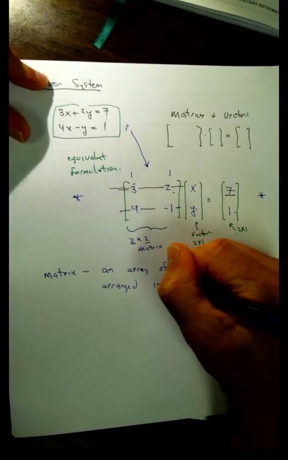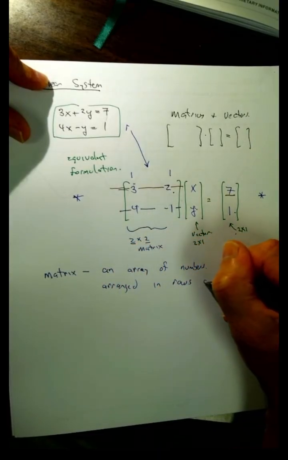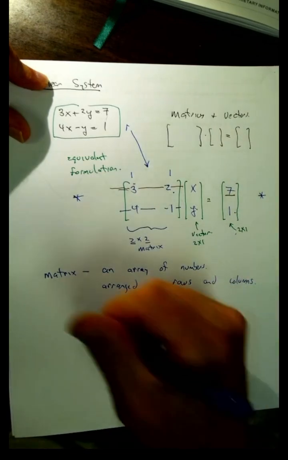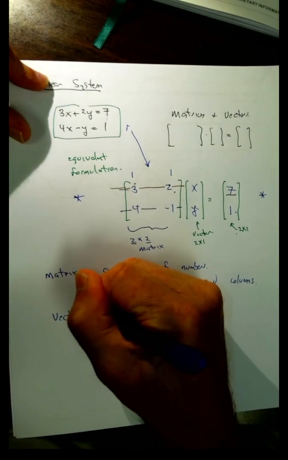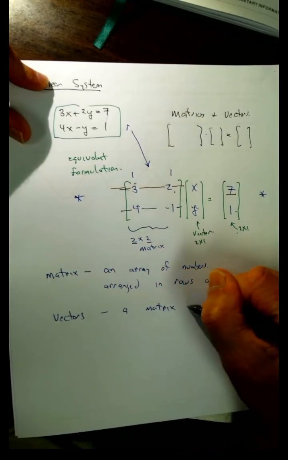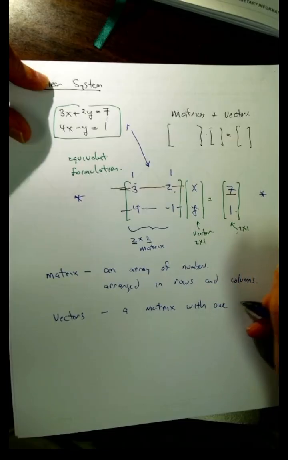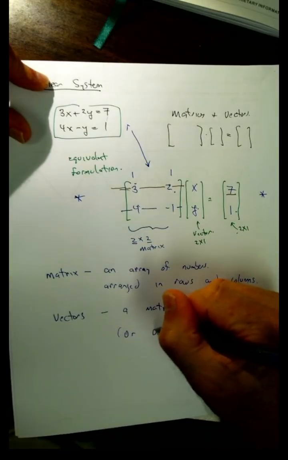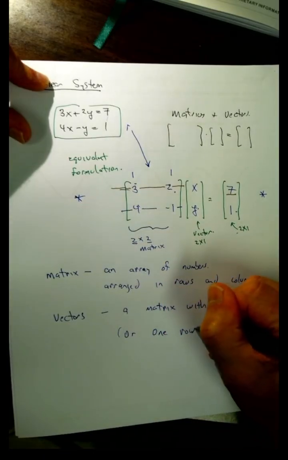These numbers are going to be arranged in rows and columns. And we have vectors. And this is basically a matrix with 1 column. Or we're going to see situations where it's going to be just 1 row.